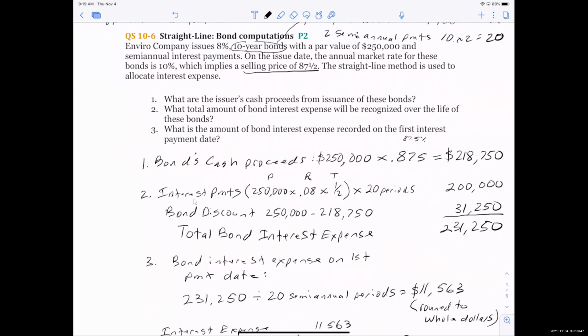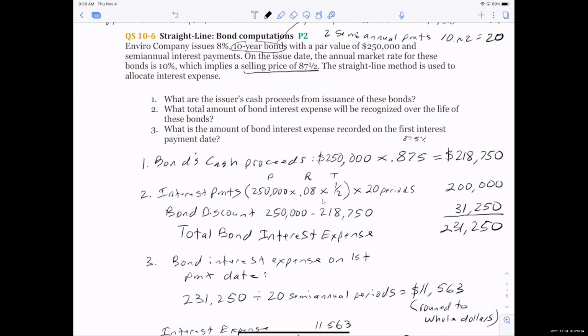And so that's what we're doing here. So we're going to start out with the interest payments. Remember, interest is calculated by principal times rate times time. So the par value, the face value, is 250,000 times 8%. It's an 8% bond, right? I'm going to convert that 8% to a decimal, 0.08, times 1/2.